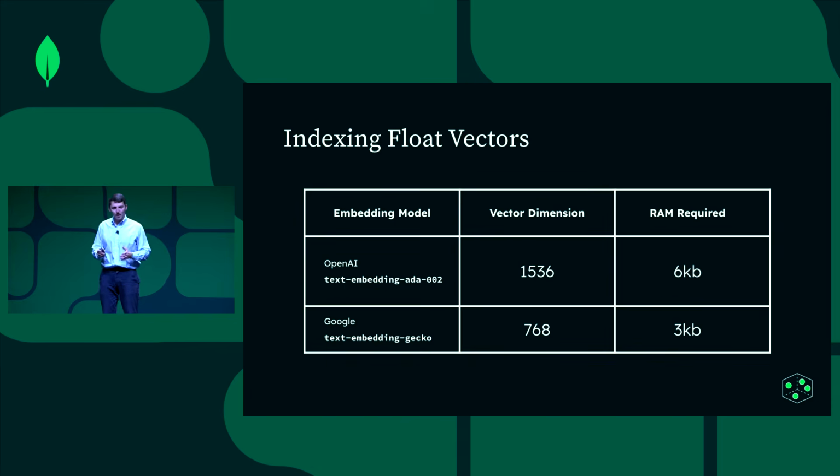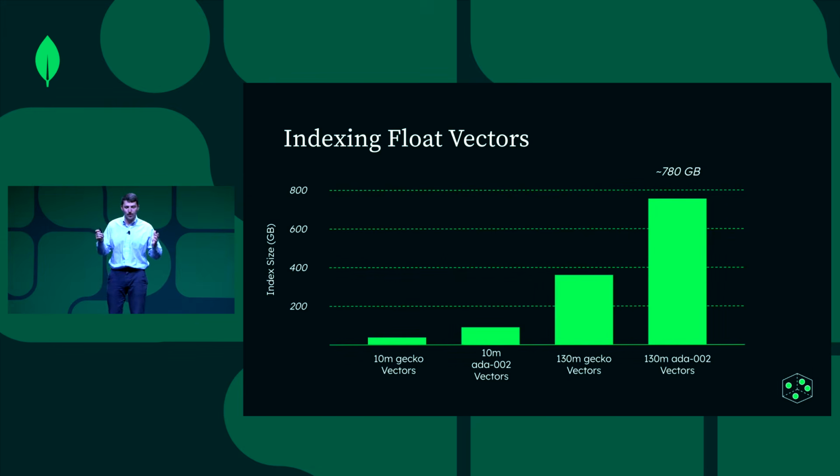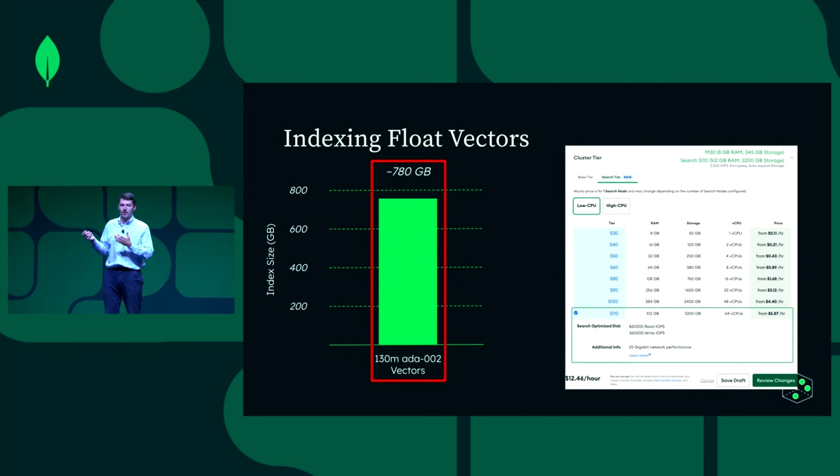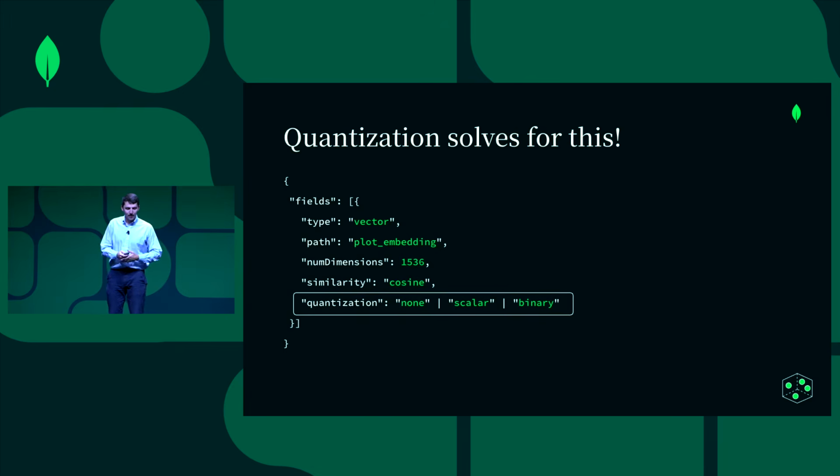Doesn't sound like a lot, but if you scale up to hundreds of millions of vectors, this ends up looking pretty beefy, to the point where you look at the dedicated search node that it might go on to, and you're like, what the heck? Am I supposed to shard? It seems like I have to do a lot of things in order to support this, and that might be undesirable. So RAM resident indexes have downsides.